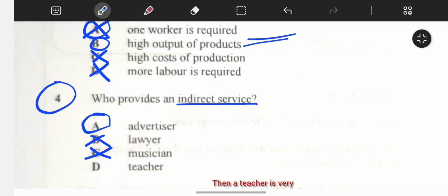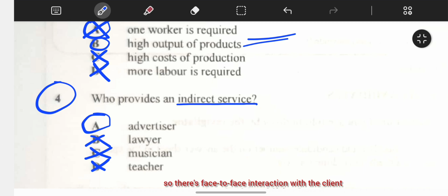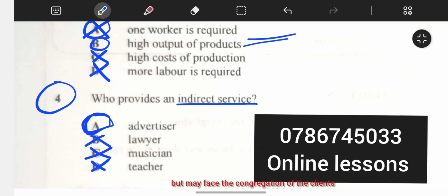Then a teacher is very wrong, because a teacher will be teaching the client, so there is face-to-face interaction with the client. So the best answer was an advertiser, because an advertiser sometimes may not even face the clients, but may face the congregation of the clients. So the correct answer was A right there.